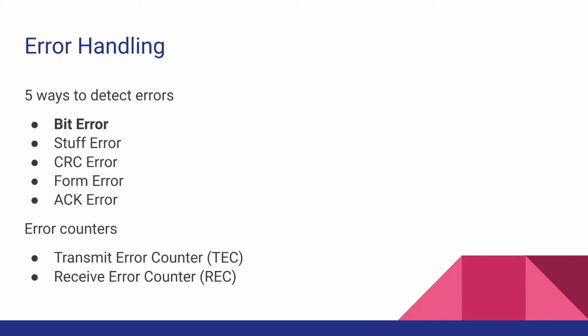Okay, and additionally, there's also 2 error counters. There is the transmit error counter, or the TEC, as I'll probably refer to it. There's also the receive error counter, or the REC. And there are lots of situations that can alter these counters, but most importantly, a node that detects an error during transmission increases the TEC by 8, whereas if perceived during reception, the REC is incremented by 1.